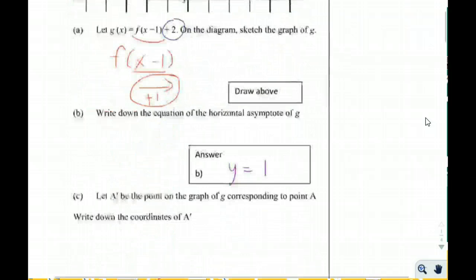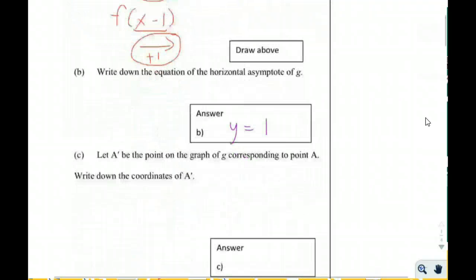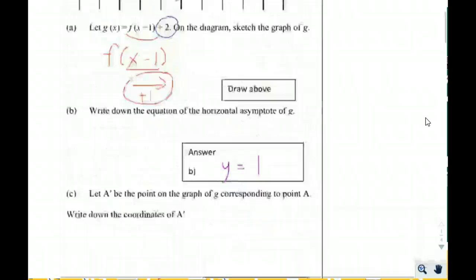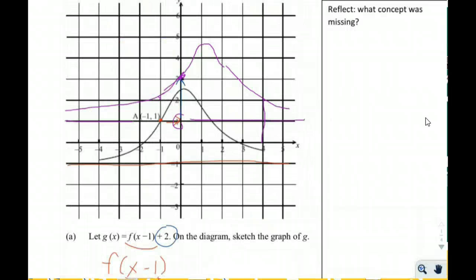Let A prime be the point on the graph of g corresponding to the point A. Write down the coordinates of A prime. We already marked it here, we just didn't say it was A prime. So this is A prime, and the coordinate of A prime is 0, 3.